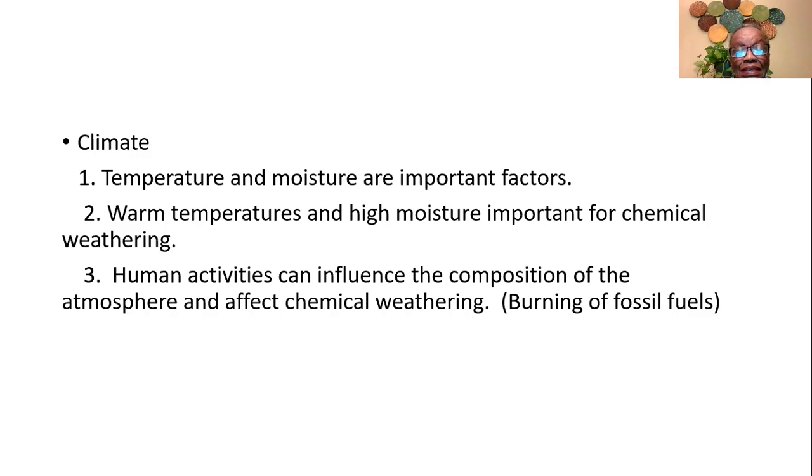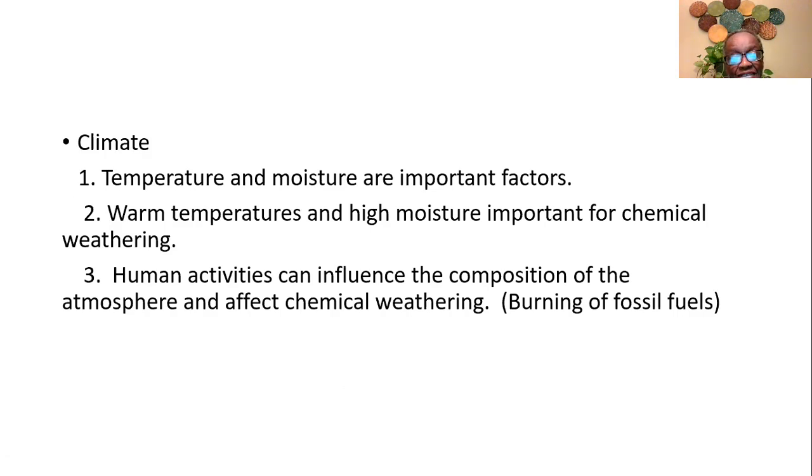Now for the climate, remember we said that the rate of weathering is affected by the climate? Well, temperature and moisture are important factors. Warm temperatures and high moisture are important for chemical weathering to take place. We also know that human activity can influence the composition of the atmosphere, and therefore that can affect chemical weathering.